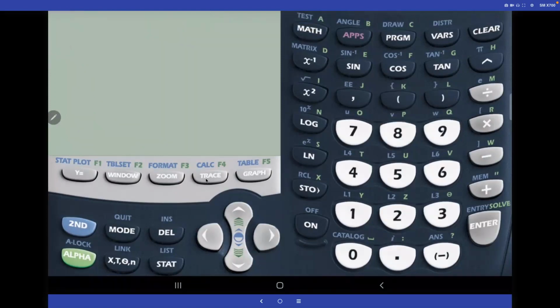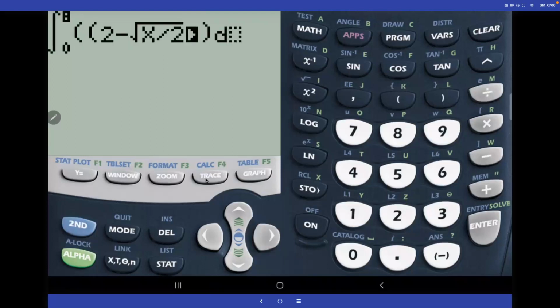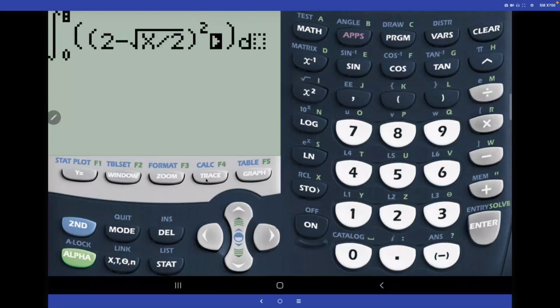I need one set of parentheses there, then 2 minus the square root. And I'm just going to use x's because it's easier. Close my parenthesis and square it. dx. There we go. So that's the integral.